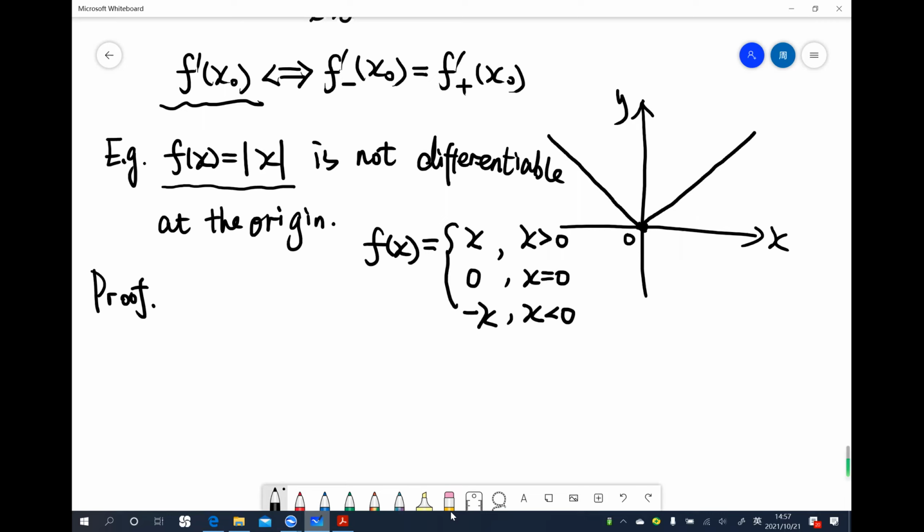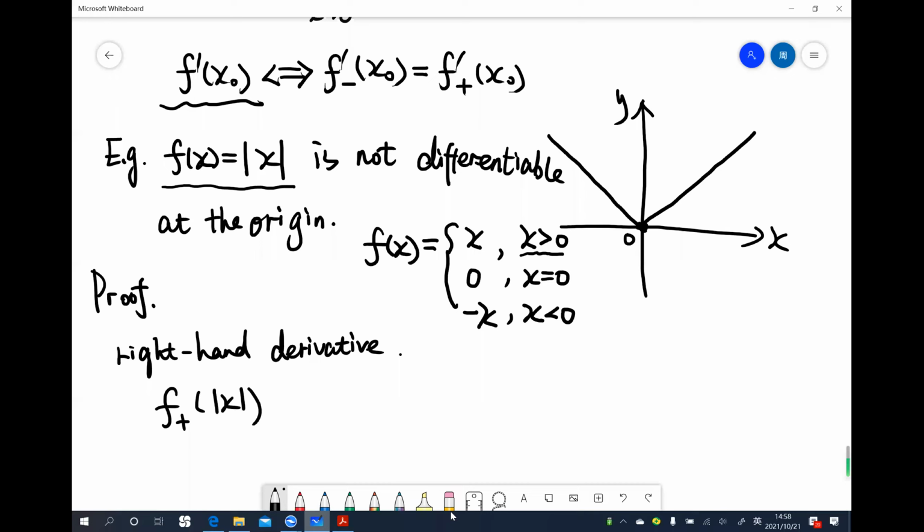Now if we consider the right-hand derivative, that means from the right side, larger than 0, the derivative of this function equals x prime, because now x is larger than 0.